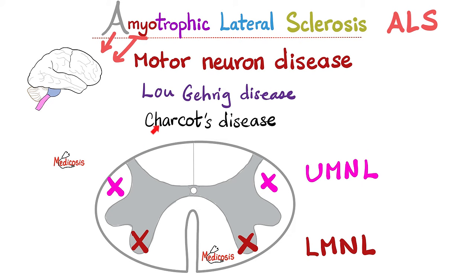Half of the neurology textbook is named after Charcot, such as Charcot's artery, which is the lenticulostriate artery. Please refer to my video on stroke to learn more. And Charcot joint, which is a disease that happens to patients with diabetes. Charcot disease is ALS, or amyotrophic lateral sclerosis.